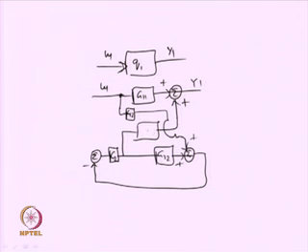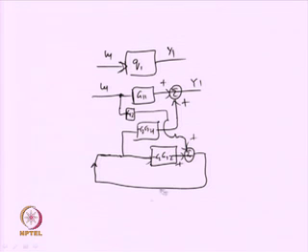So, please allow me to write minus C2 G21, then this block will go out, then this will be having minus C2 times G22. So, I will have here minus C2 G22.